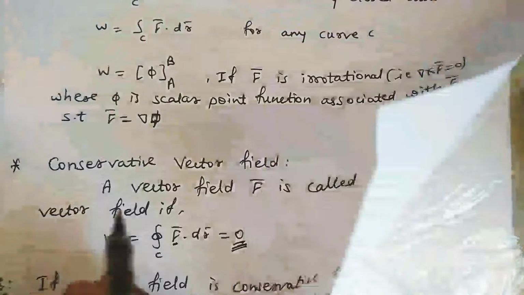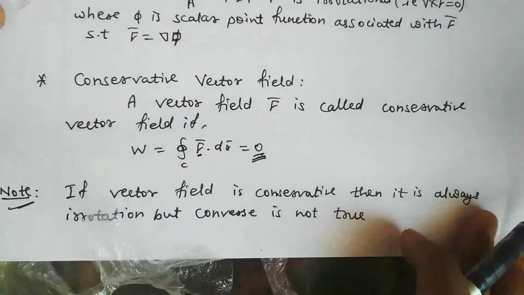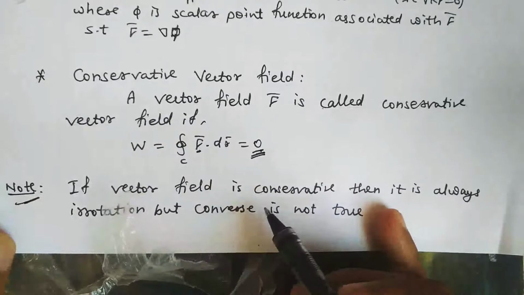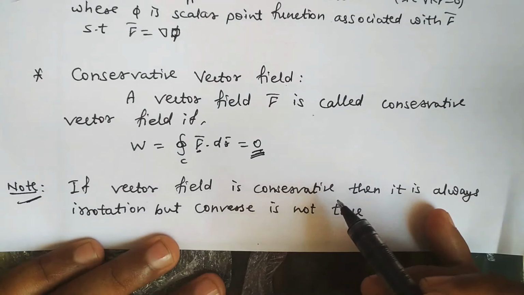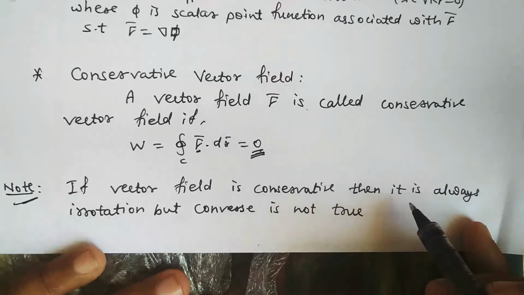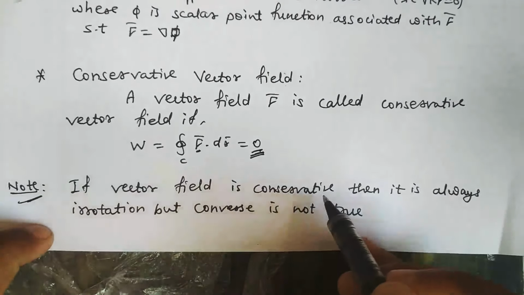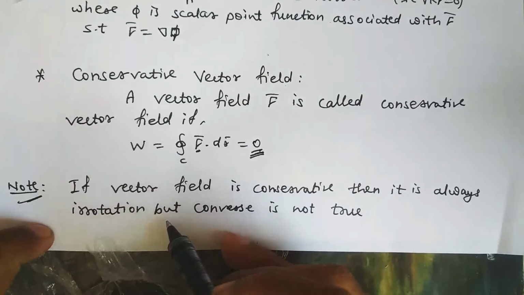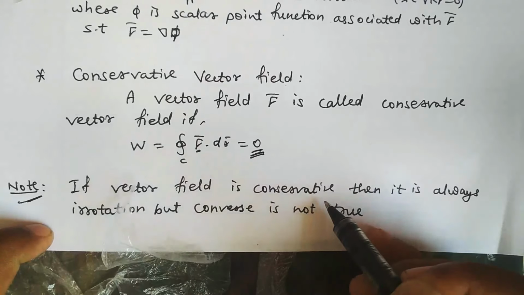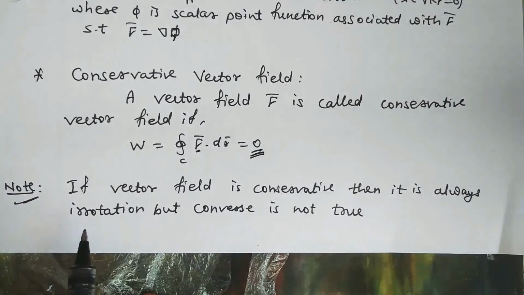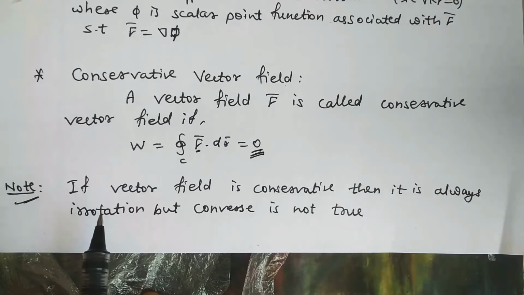Just remember this note. If a vector field is conservative, then it is always irrotational. That means every conservative vector field is irrotational, but converse is not true. That means every irrotational vector field is not conservative.